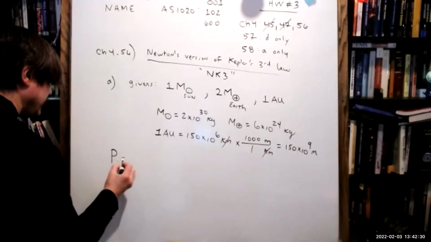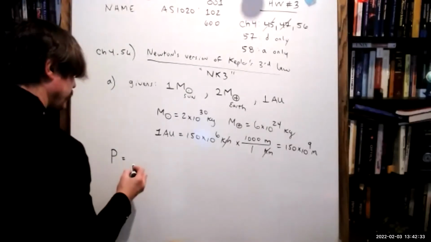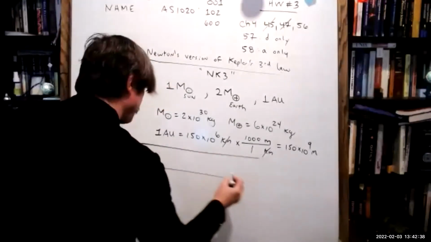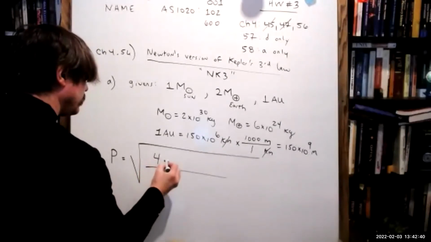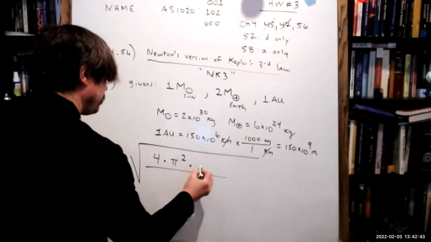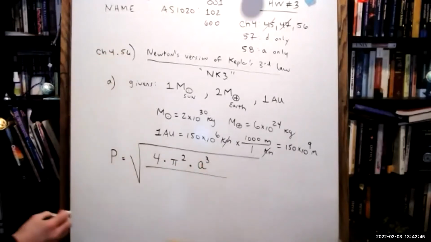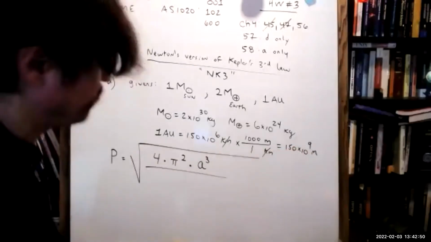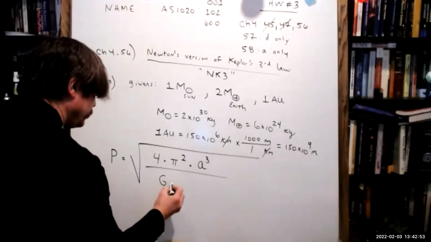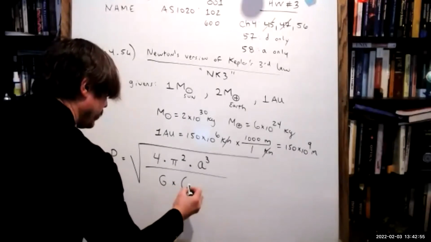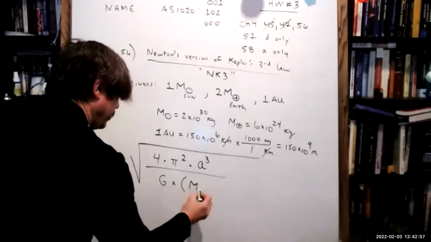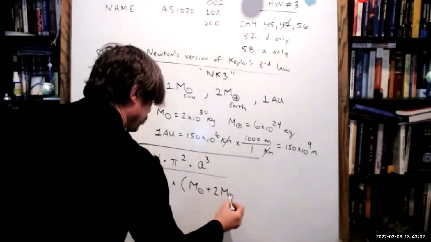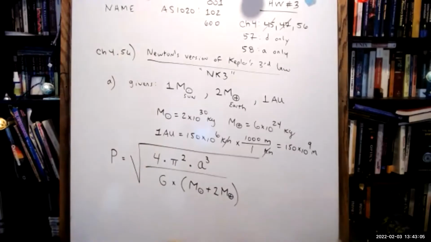The period of the Earth would be the nice big neat square root of 4 times pi squared times a cubed, where a is our distance, divided by big G times 1 times the mass of the sun plus 2 times the mass of Earth.